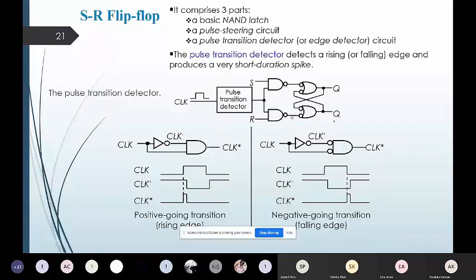So when the S input is 1, the upper NAND gate will produce 0 output, and when the R input is 1, the lower NAND gate will produce 0. So here we have seen the conditions when the NAND gate outputs will be produced as 0.